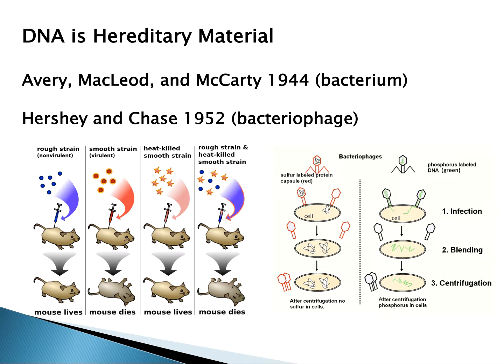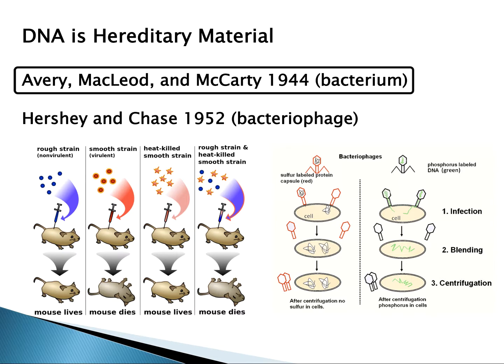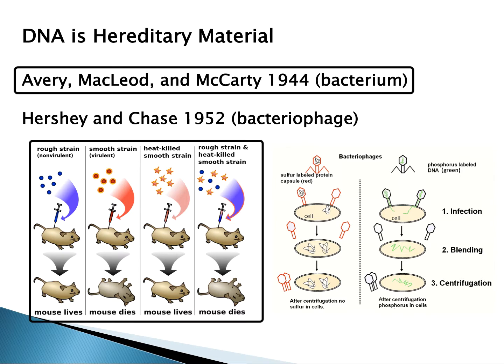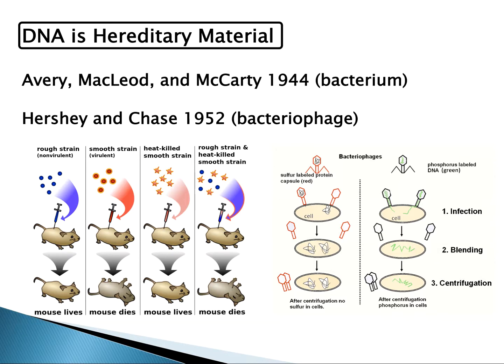However, in a couple of different experiments, first by Avery, MacLeod, and McCarty, studying a pathogenic bacterium in mice, they found that they could transfer DNA from one strain to another to make it pathogenic. And it was only the DNA that had this effect. So it was established that the DNA was the hereditary material.